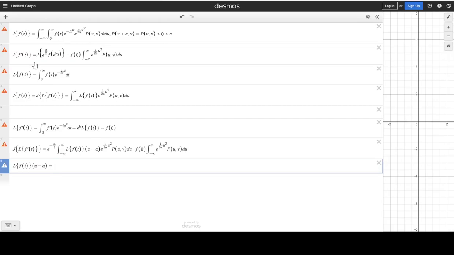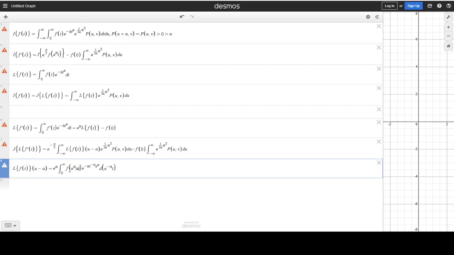Now L f of t is equal to u minus alpha, which is just the same thing as this, which we write as e to the power of negative alpha, e to the power of alpha, and then times e to the power of alpha.